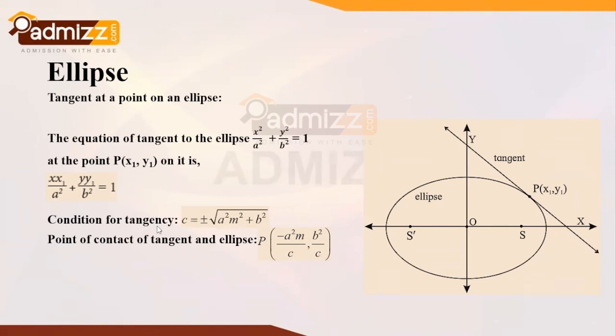Okay, now if the line is a tangent to the ellipse, it touches at this particular point, and the coordinates of this point can be obtained by using this particular formula, that is P into bracket, x coordinate of this point is given by minus a square m upon c, and y coordinate of this point is given as b square upon c, wherein m and c values will be from the equation of line, and then a and b values can be substituted from the equation of ellipse.